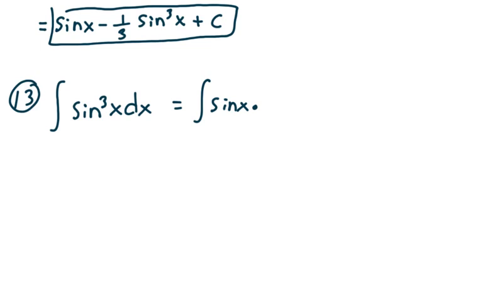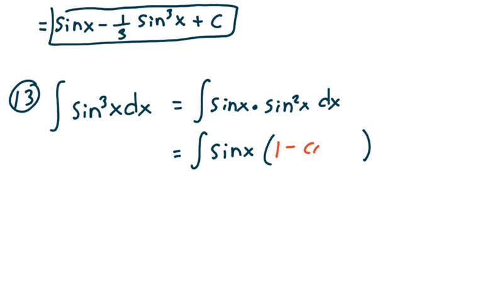So I'm going to write this as the integral of sine of x times sine squared x dx. But this is the integral of sine x times, now, sine squared x is 1 minus cosine squared x. And I'm going to integrate that with respect to x.